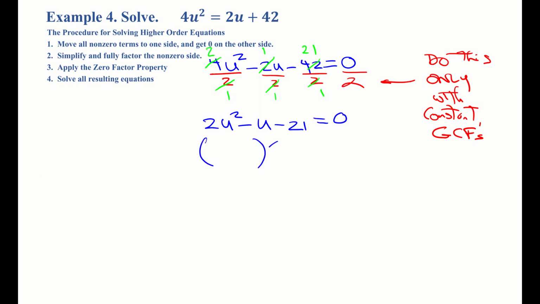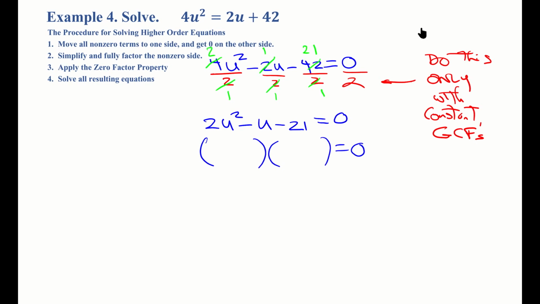So we're going to go ahead and factor. Now this time, even after getting rid of the common factor, our lead coefficient a, which is 2 here, is not 1. So we don't use the cross diagram, remember that. So we're just going to do it by trial and error and FOIL, right?